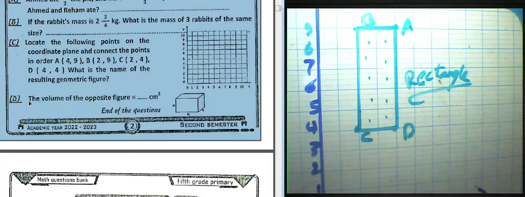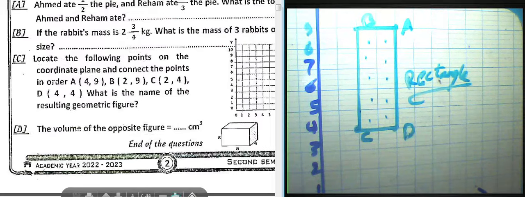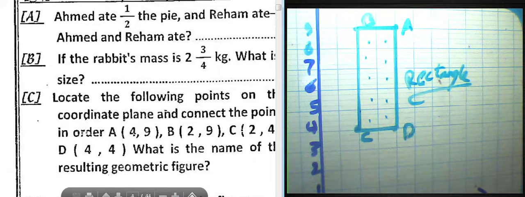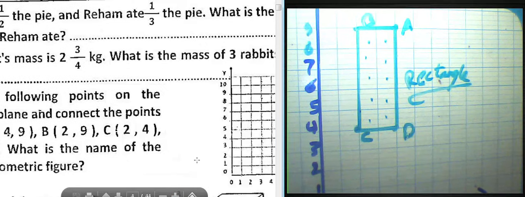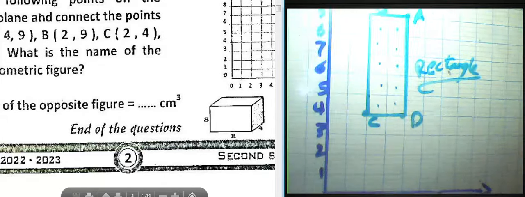Question D. The volume of the opposite figure. We can find length times width times height. Length times width times height. Okay. Look at it with me here. 8 times 8 times 4 to find the volume.